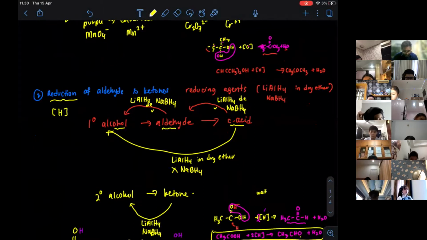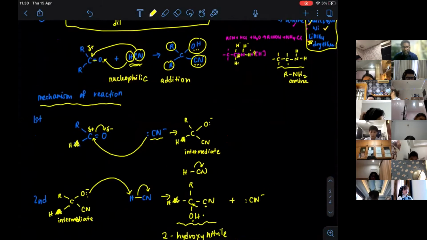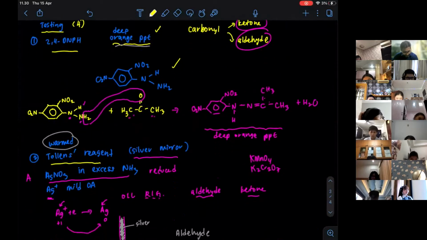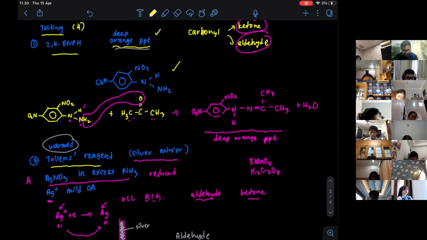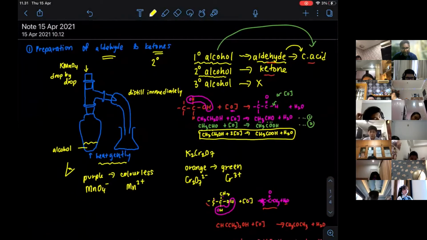I just want you to focus more on the mechanism of the reaction, how to write equations, and how to use Tollens and Fehling to identify ketone and aldehyde. I think that's the main concept over here. Even in past year papers, when they ask you to write an equation, maximum they'll give you only 2 marks.